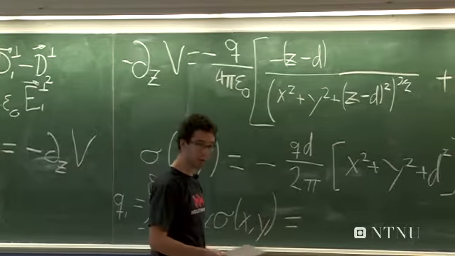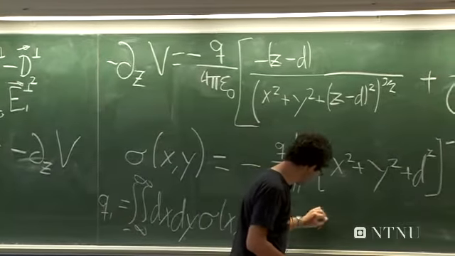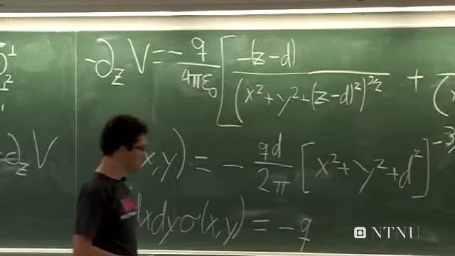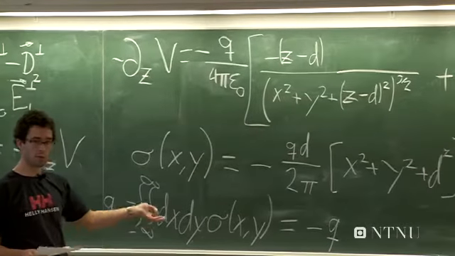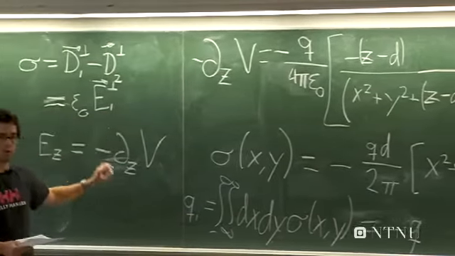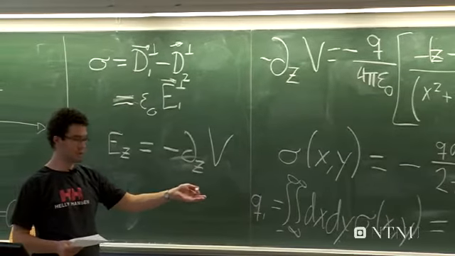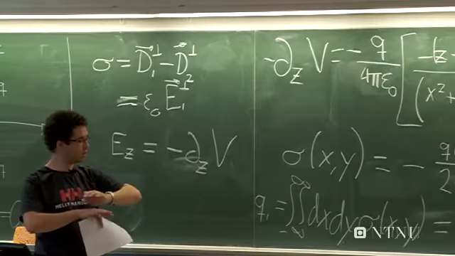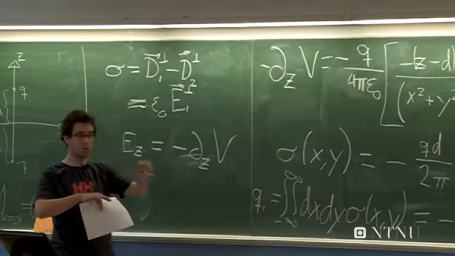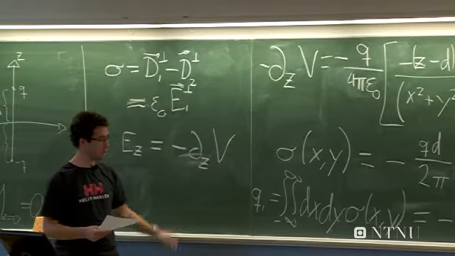To no surprise, the answer is minus Q. So by just solving the Laplace equation and then using the boundary condition to find the charge density, we see that the total induced charge on the surface of the metal is equal to minus the charge in the vacuum.